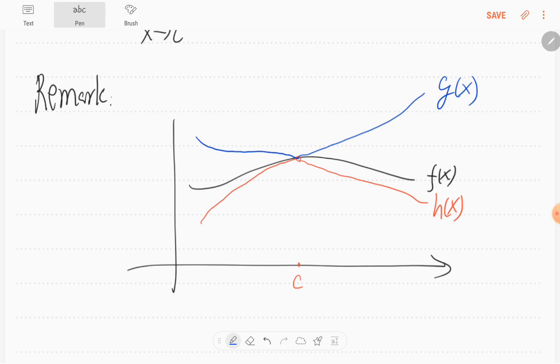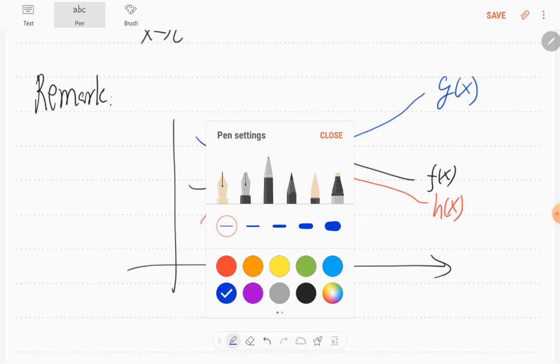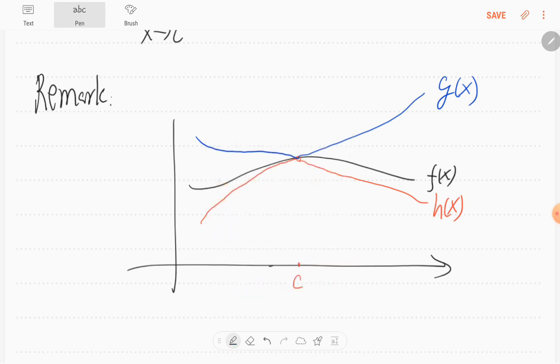So you can see when x approaches c from both sides of c, if this point is L, then for h of x, it will approach L, approaching this point.